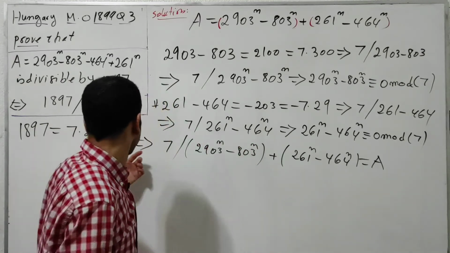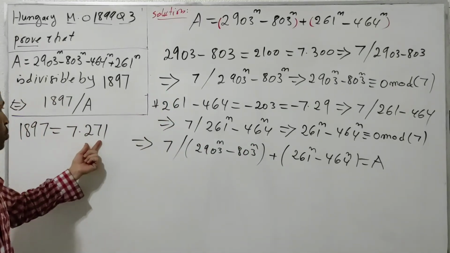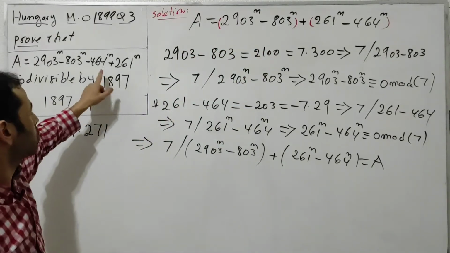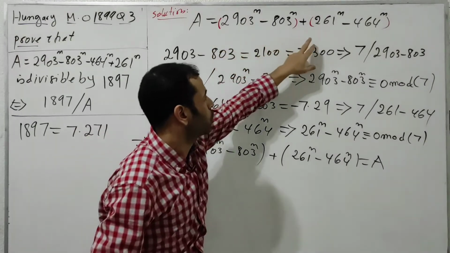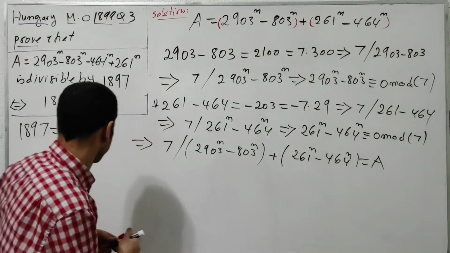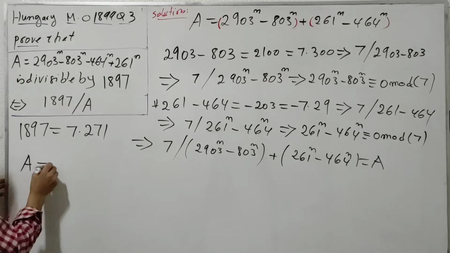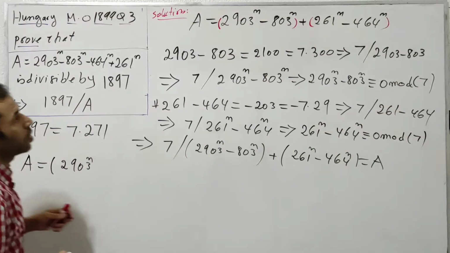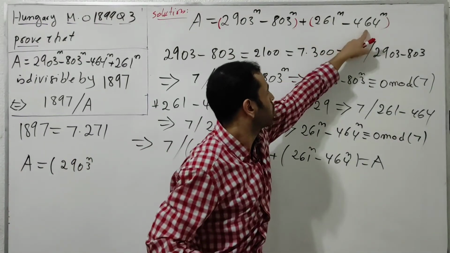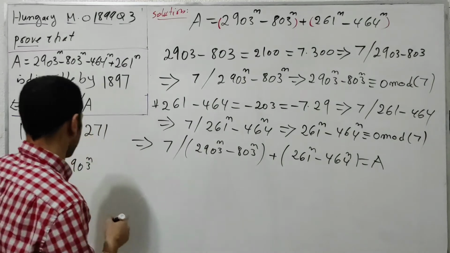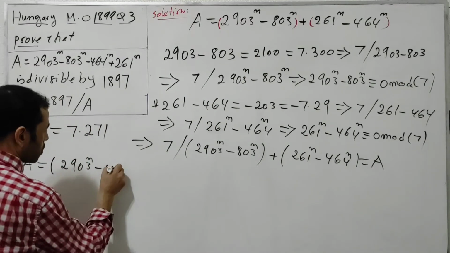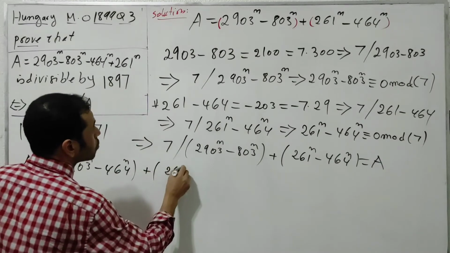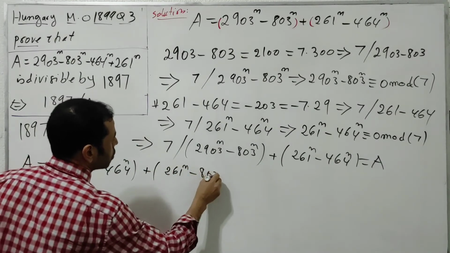I'm going to check the other side. I'm going to prove 271 divides this term as well. But this time I'm going to switch these numbers and group them differently. So capital A equals 2903 to the n; now I'm taking this number minus 464 to the n and grouping it with this one. I will have minus 464 to the n plus 261 to the n minus 803 to the n.